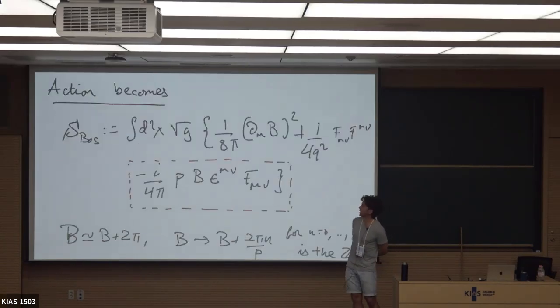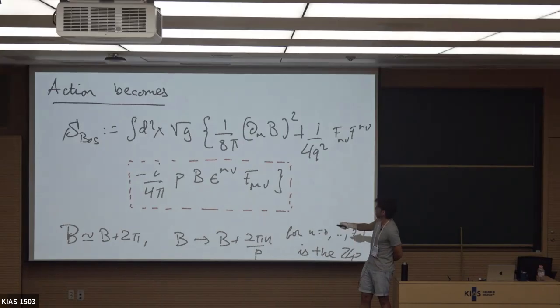Okay, so now let me write down the bosonized action. The bosonized action is a standard kinetic term with 1 over 8 pi, so it's not canonically quantized. There's again the F mu nu squared term. And then all of a sudden, there's the BF term that appears, exactly as before.